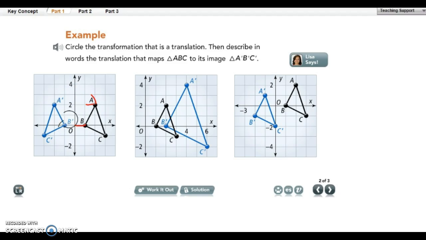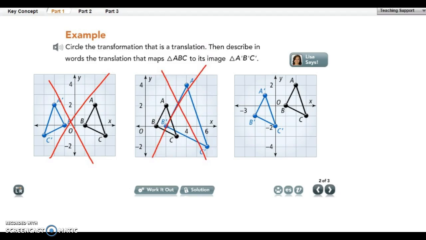Because we've not moved the same number of spaces, that one is not a translation. The second one, you can see clearly that the shape and size has changed dramatically from the original to the new one, so that one is not a translation.